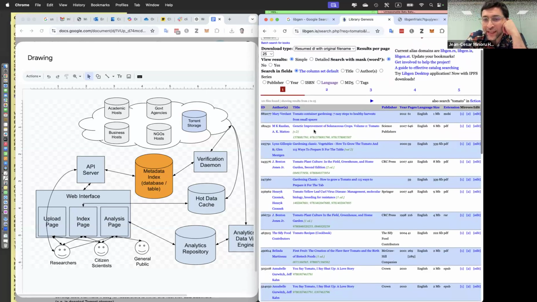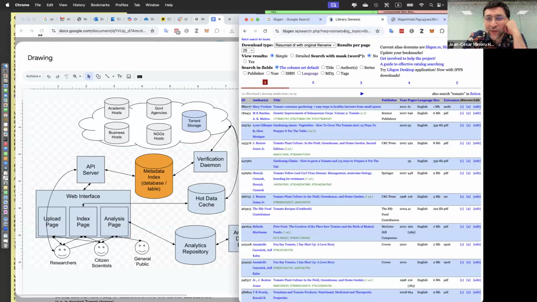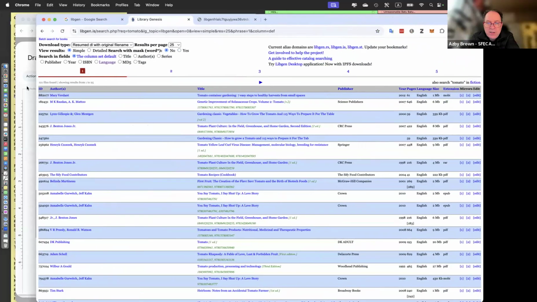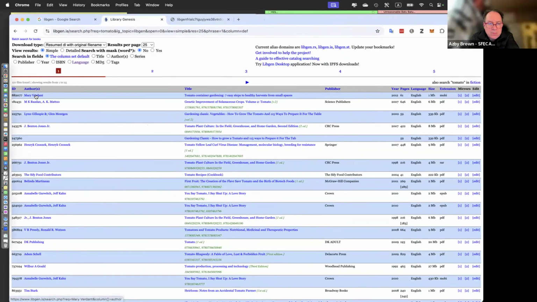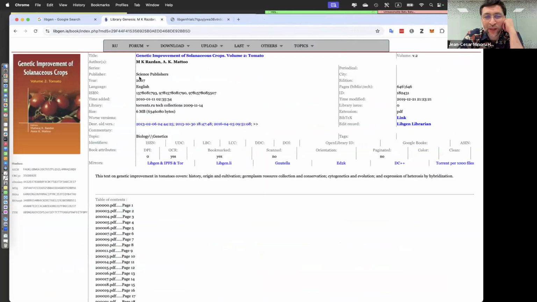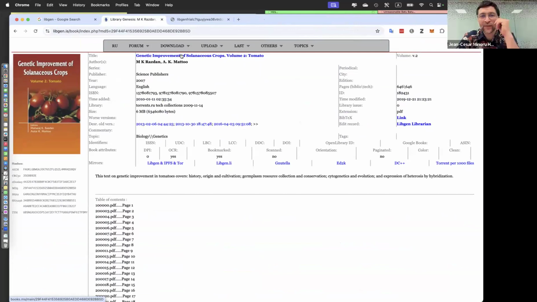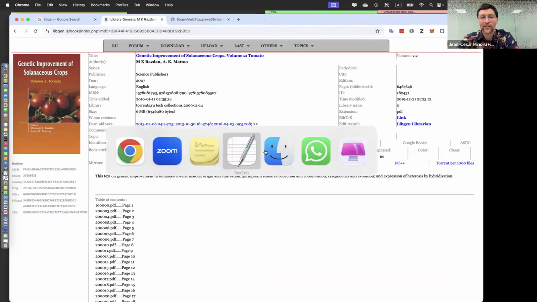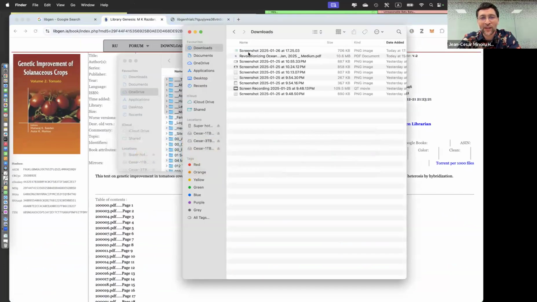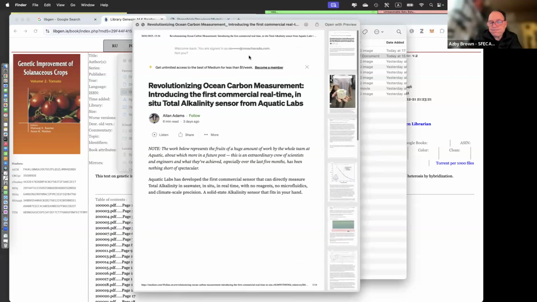This is not hosting any of the files. These are all torrents. These are the information you have, like an ID and the title: genetic improvement of tomato. These are the fields that will be in the database: the title, the author, the year. Then you can click on it and you can get the file. I already got the file downloaded.